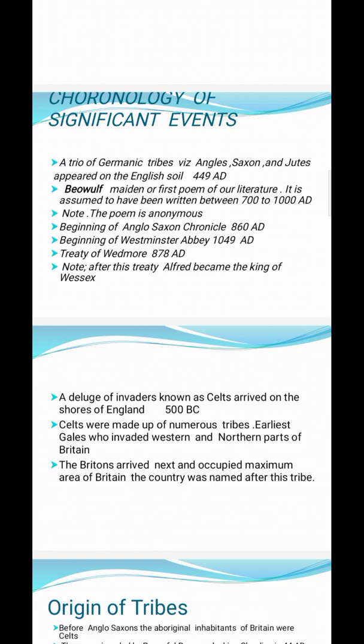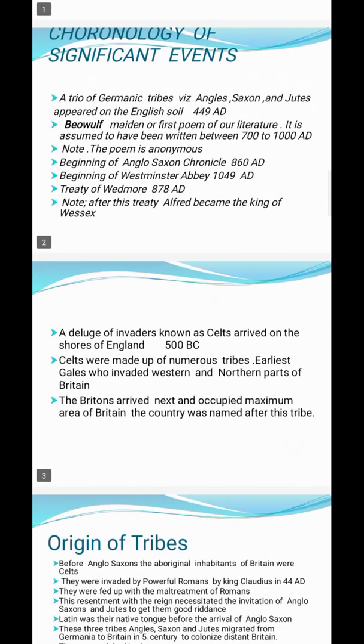Celts were made up of numerous tribes, and the earliest of those tribes were Gaels, who invaded western and northern parts of Britain. Gaels is a word referred to the people of Holland, if we talk in today's context.